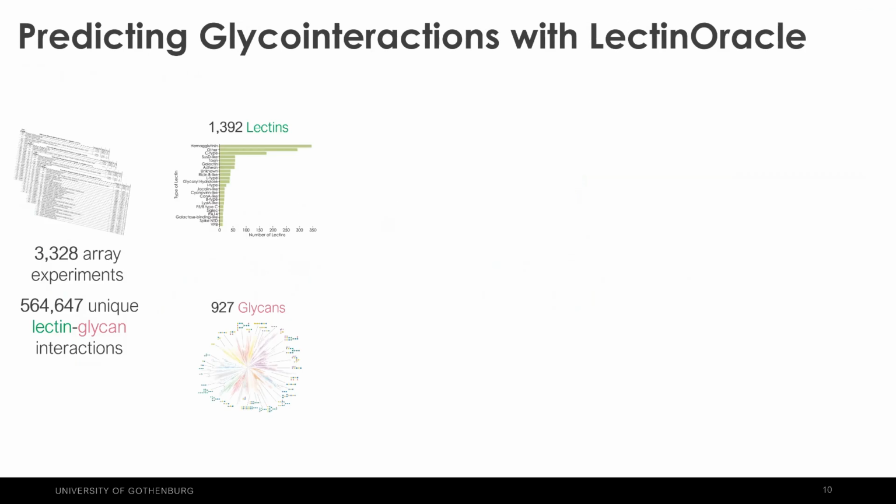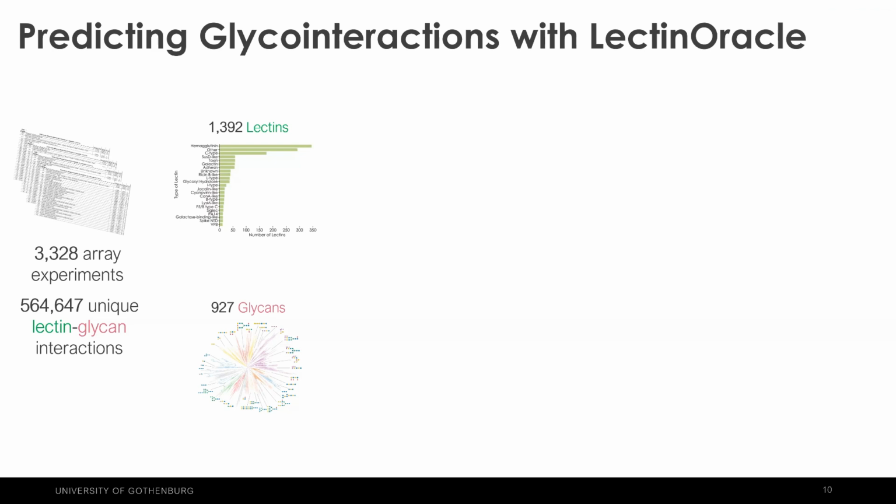So back when we did this in the beginning, it was around 550,000 unique interactions, where unique means unique protein sequence, unique glycan sequence, and then one value that is aggregated across many different experiments and via mean or median aggregation, etc.